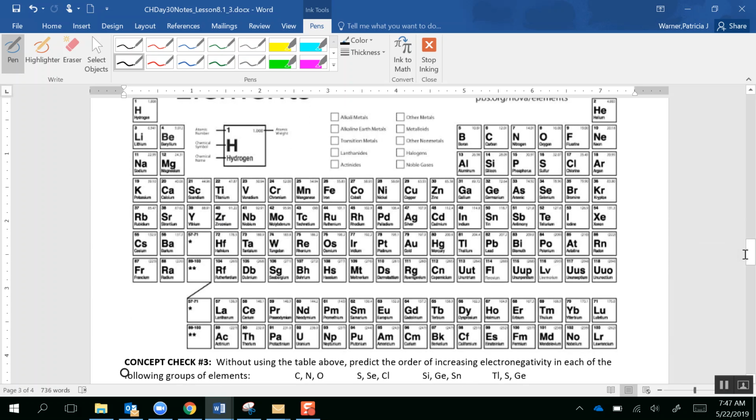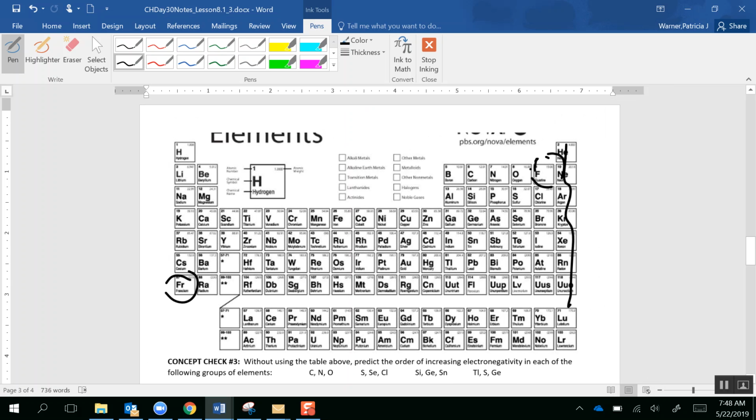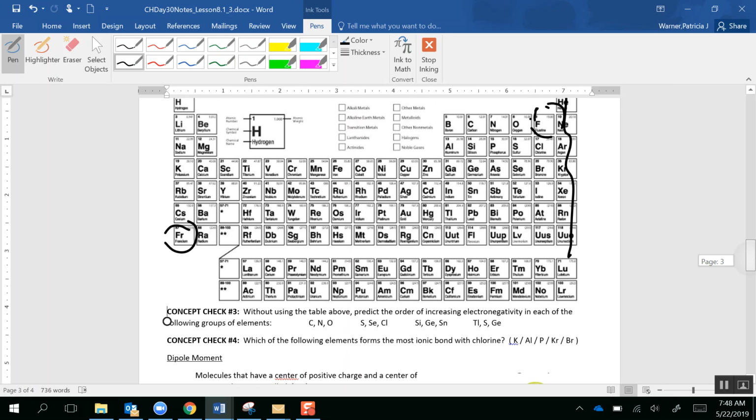Like I said, fluorine is the most electronegative and francium is the least electronegative. I know concept check number 3 says without using the table above, and that means the electronegativity table, because if you'll notice from your notes, I inserted the periodic table here.